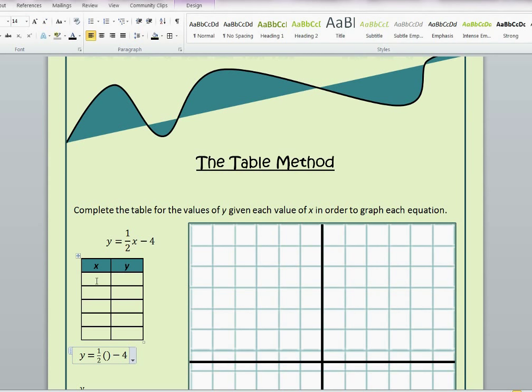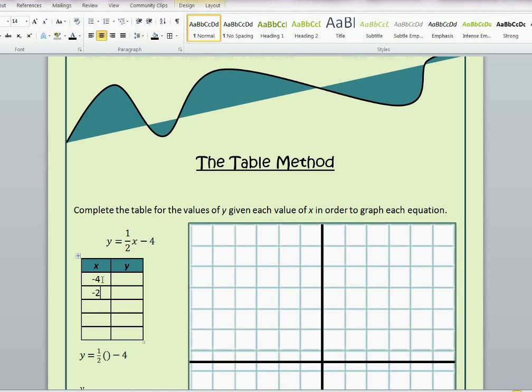So let's pick multiples of what's in the denominator. If that was not 1/2, if it said 1/9, you would put multiples of 9 in here for x, because you're going to get a whole number, and that makes your life a whole lot easier. Let's pick the easiest negative numbers, 0, and the easiest positive numbers we can. I think the two easiest negative numbers would be -4 and -2, and they're also multiples of 2.